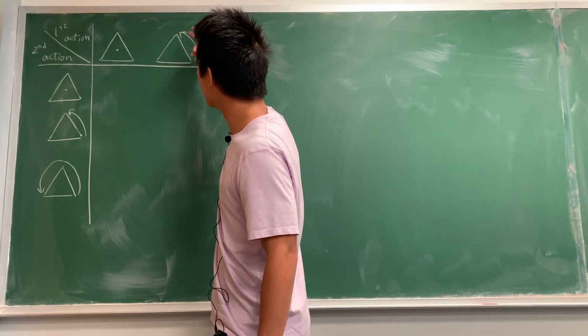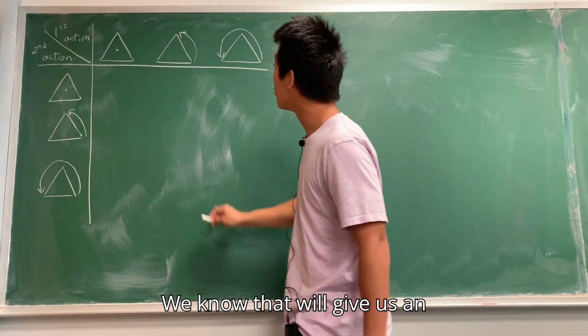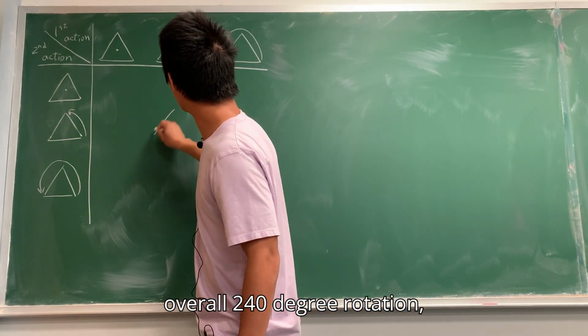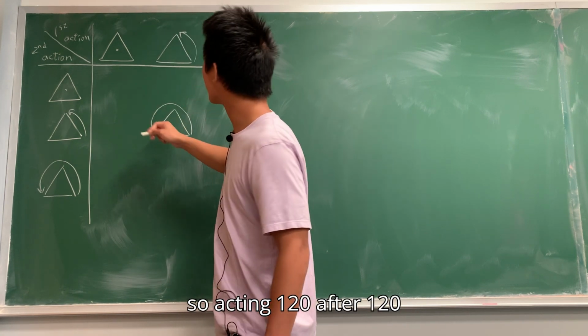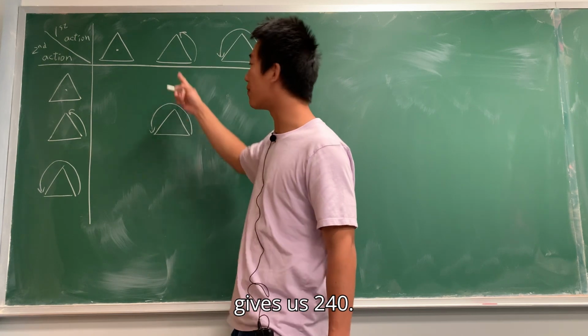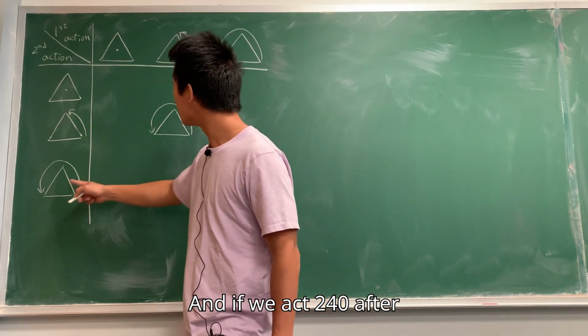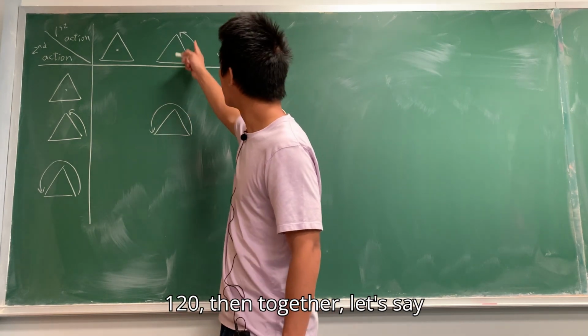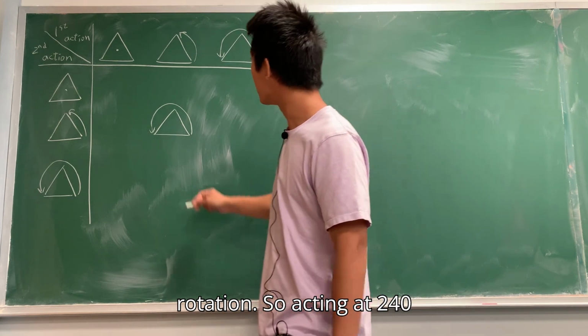and let's see what will happen if we first rotate the triangle by 120, then we rotate again by 120. We know that will give us an overall 240-degree rotation. So acting 120 after 120 gives us 240. And if we act 240 after 120, then together that's a 360 rotation, which is the do-nothing rotation.